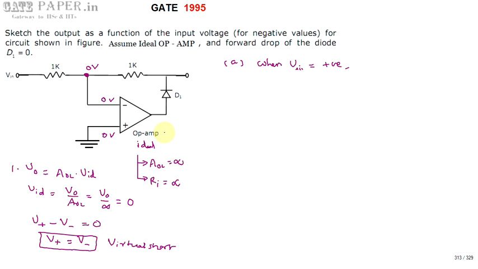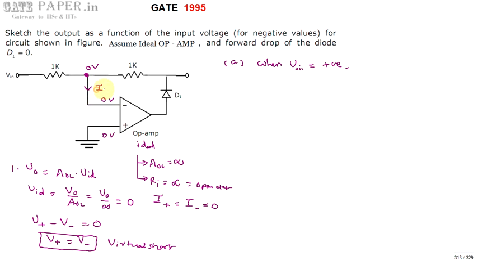Next, the second important characteristic is that input impedance is infinite. Infinite input impedance simply means it is acting as an open circuit. Under open circuit, no current flows. The meaning is that the current flowing through the inverting terminal and the current flowing through the non-inverting terminal are always 0. So the op amp doesn't draw any current into its input terminals.